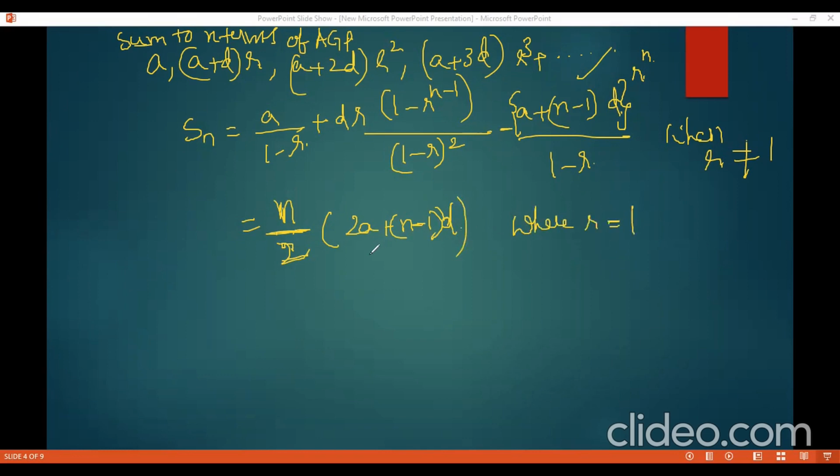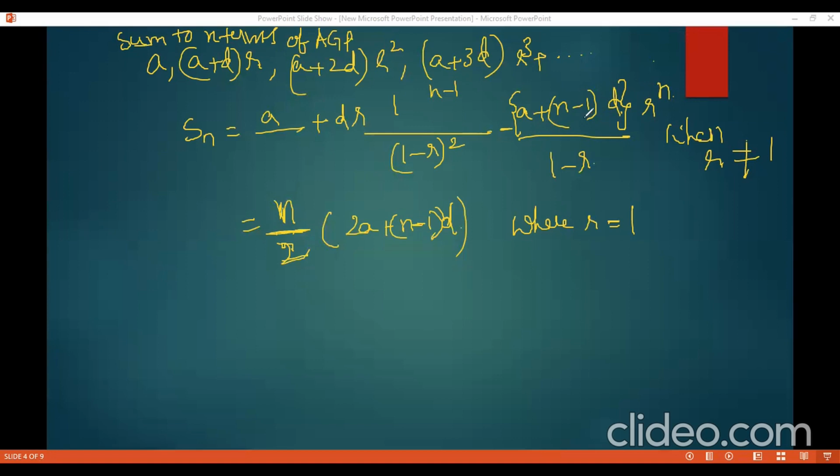If r is not equal to 1, the sum is a by 1 minus r plus dr into 1 minus r to the power of n minus 1, by 1 minus r whole squared, minus a plus n minus 1 into d by 1 minus r, into r to the power of n.